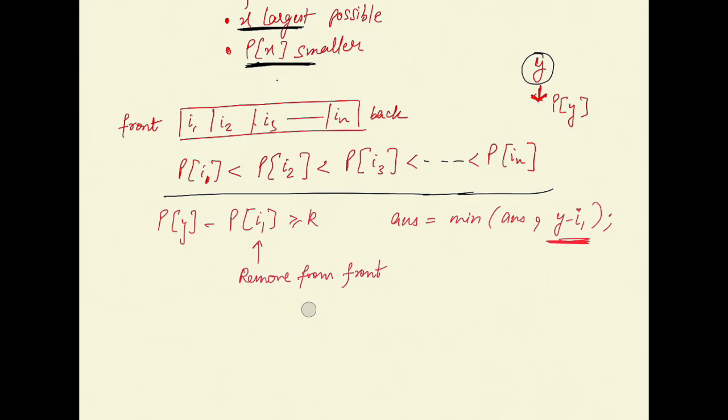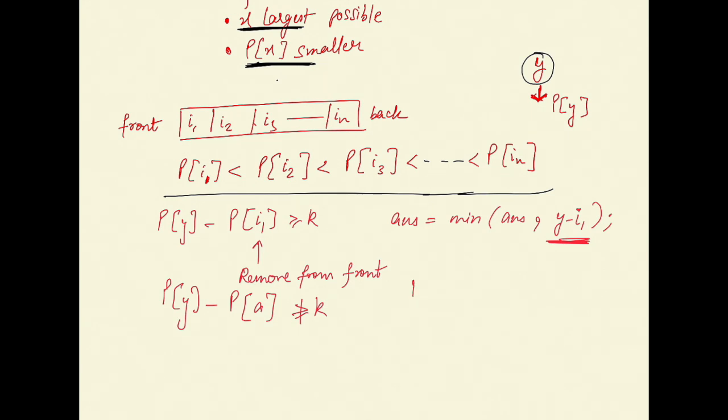So we'll remove from front, and we'll keep on doing that until we reach an index a such that py minus pa is not greater than or equal to k.